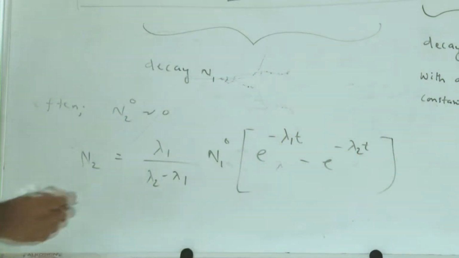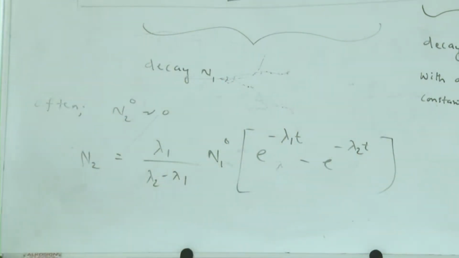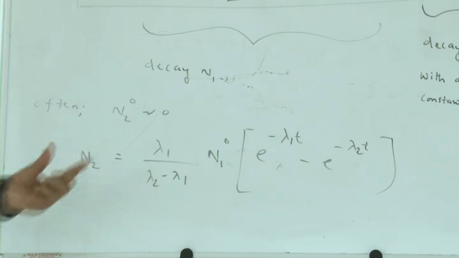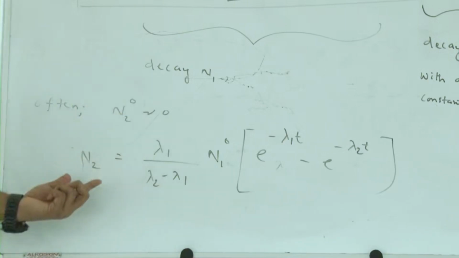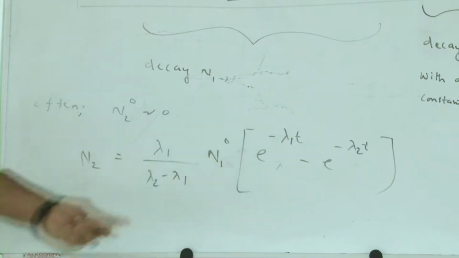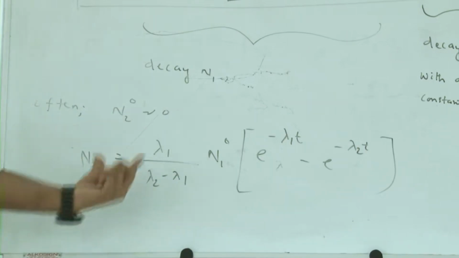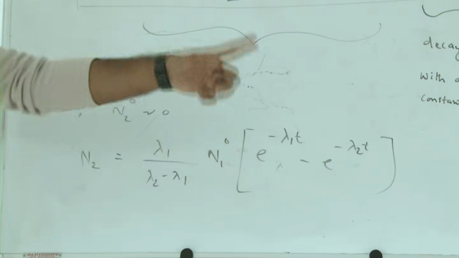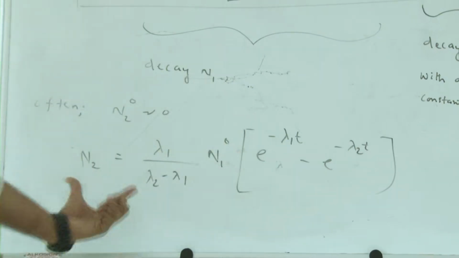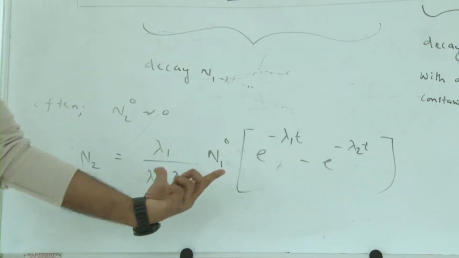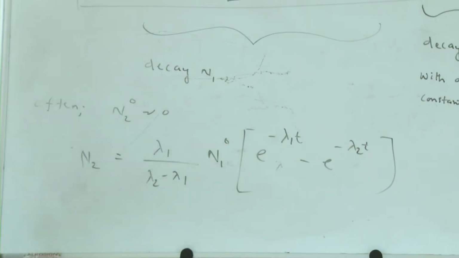So, this is the equation if you do not have any n 2 to start with, t is equal to 0. This n 2 will depend on the decay of n 1 that produces n 2 and further decay of n 2 to n 3. So, this is the balance of these two. So, this is the equation, right.